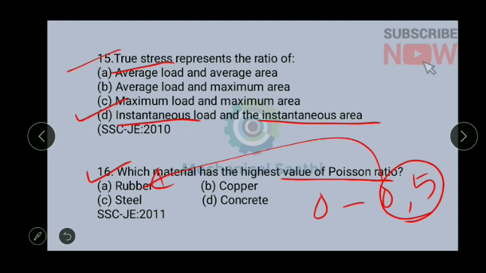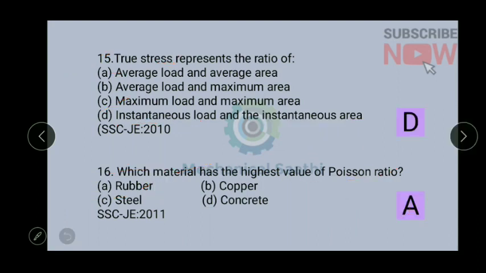So there will be minimum change in the lateral dimension compared to the longitudinal dimension in case of rubber. So Poisson's ratio will be maximum for rubber, and the A option will be the correct one. So for question number 15, the D option is correct, and for question number 16, the A option is correct.